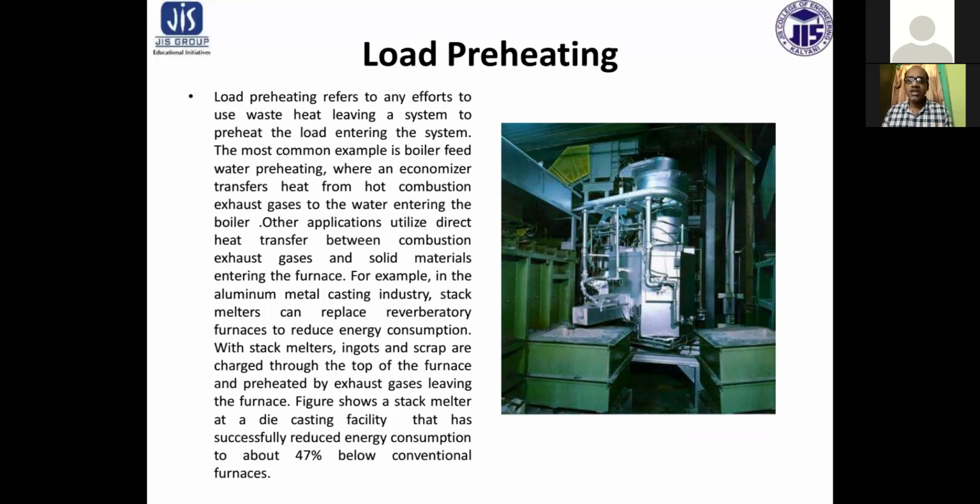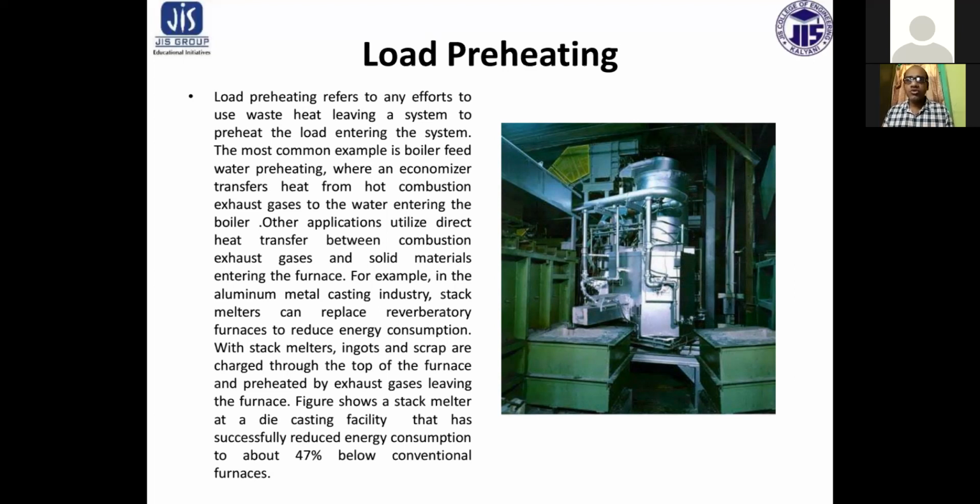So if we utilize that heated ingot to some extent, that energy, we can preheat some air, etc. In that case, we can save some amount of fuel.